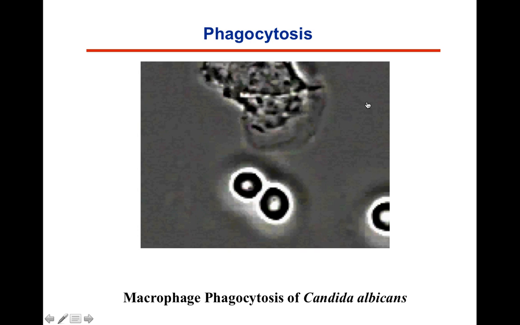At the top is a macrophage, and at the bottom, these two bright balls are Candida albicans, a type of yeast. What you're going to see is it's going to move along, recognize these, and then phagocytose them.